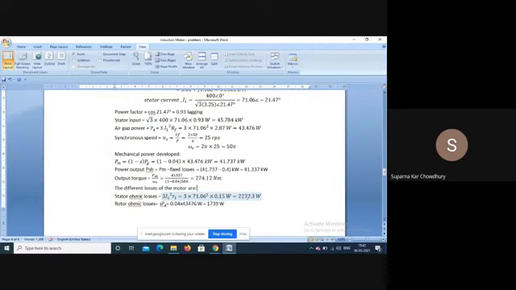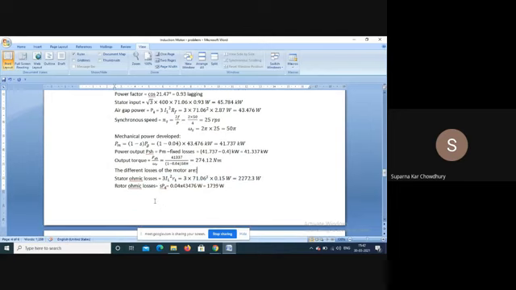So putting the values, we will get 2272.3 watt. Now next is the rotor ohmic loss. So this is S into PG. So S is 0.04, PG is the air gap power for this one, 43476 watt. So putting the values, rotor ohmic loss is 1739 watt.